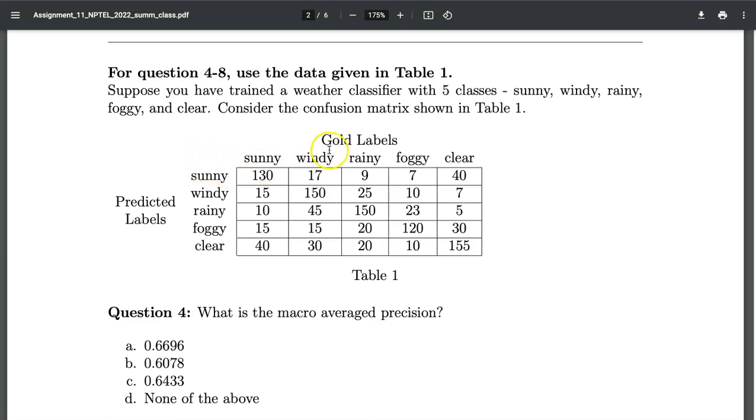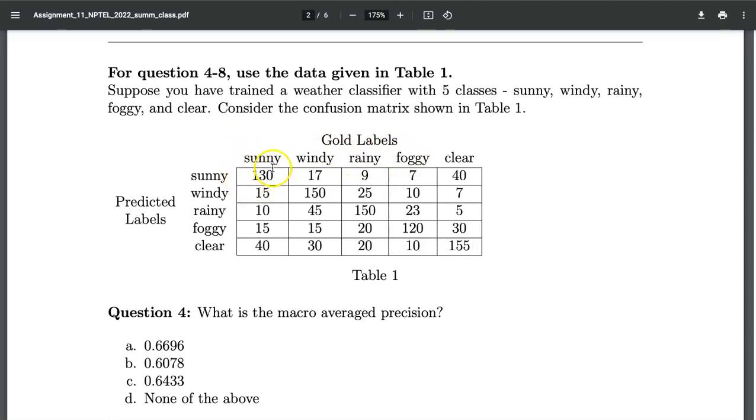If you see the confusion matrix in table 1, each row, for example the first row, is about sunny, the number of times sunny has been predicted, and the columns are for the gold label.